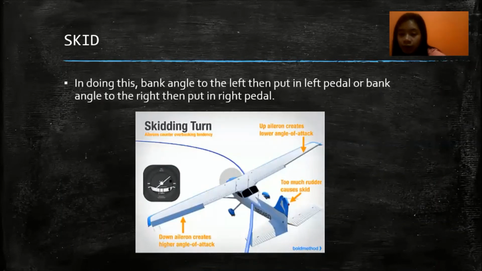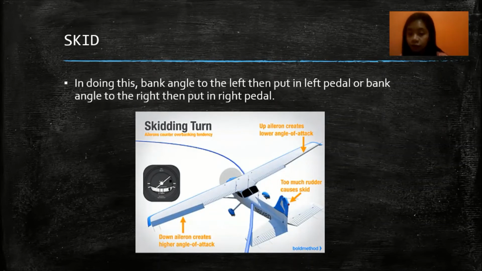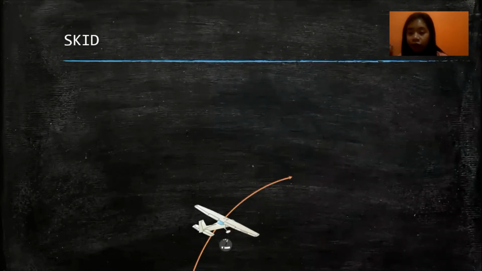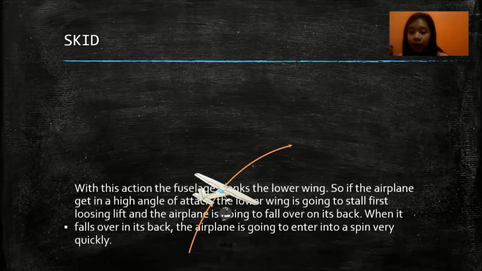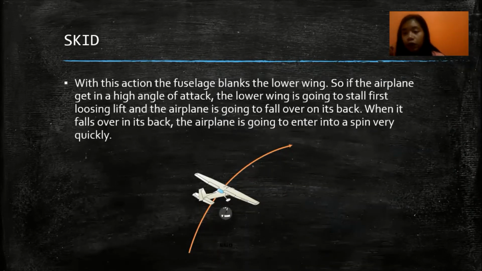So yung skid, it is when the ball is to the outside of the turn. It is when the tail goes to the outside of the turn. So, kapag sinabi natin na skid, with this action, the fuselage blanks the lower wing.